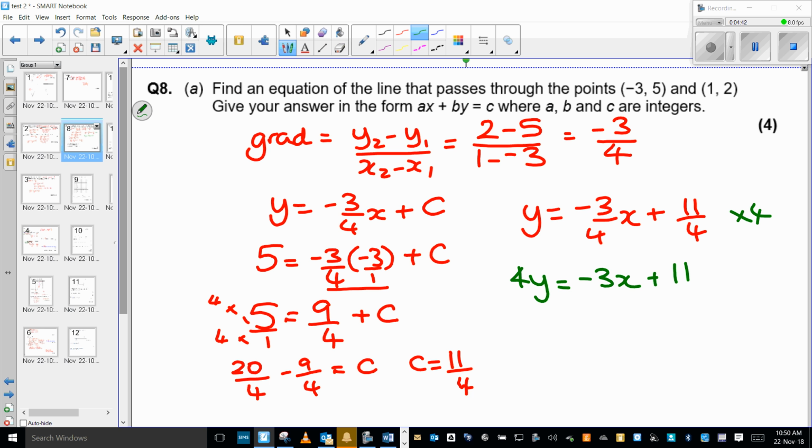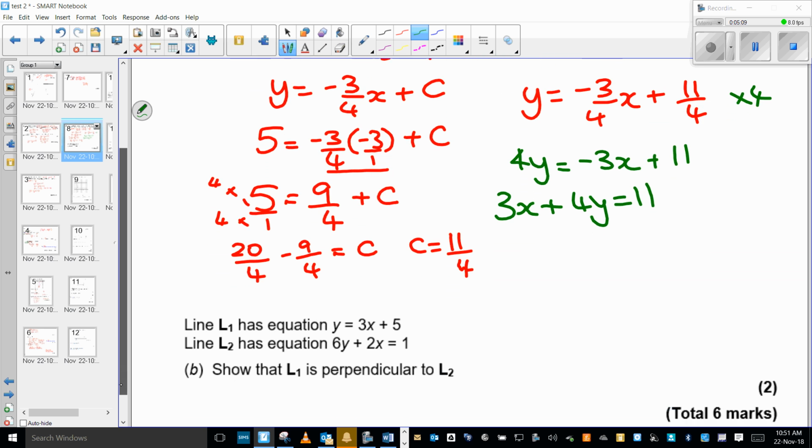But ideally we would add 3x to both sides, so we would have 3x plus 4y equals 11. As I said, you could have had negative 3x minus 4y equals negative 11, because those numbers are also integers, whole numbers, but this is the slightly nicer format. Okay?